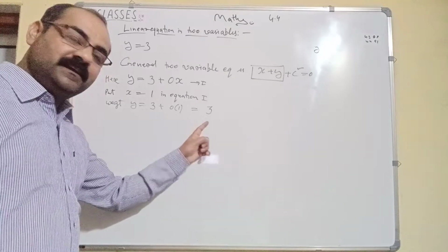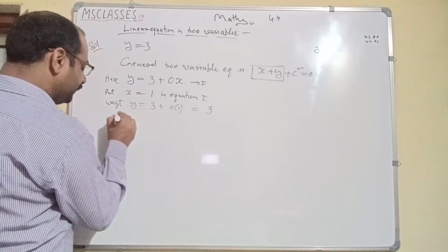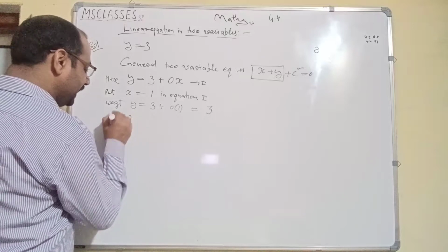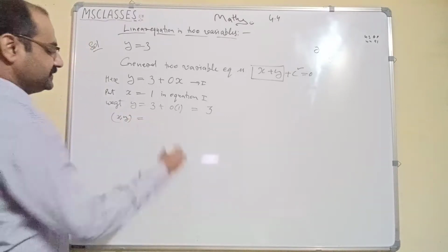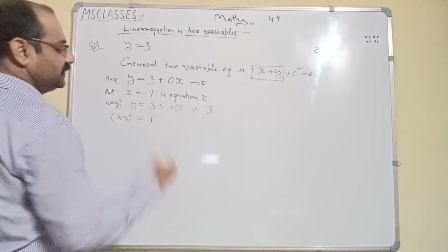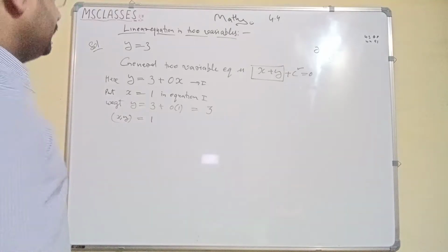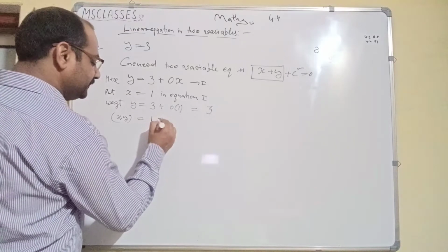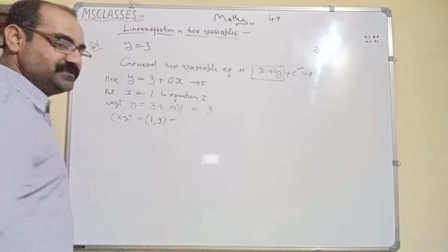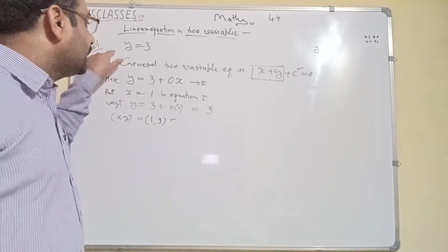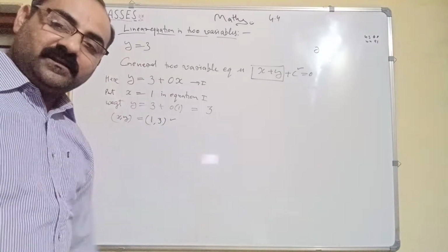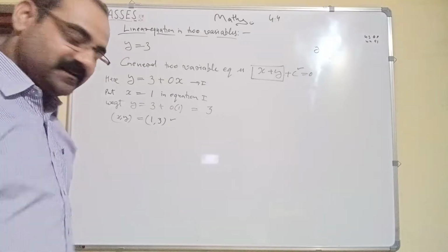So x is equal to 1, then y is equal to 3. This is the first coordinate of the equation y is equal to 3 on a Cartesian plane.